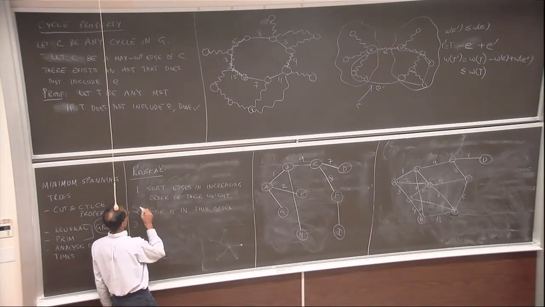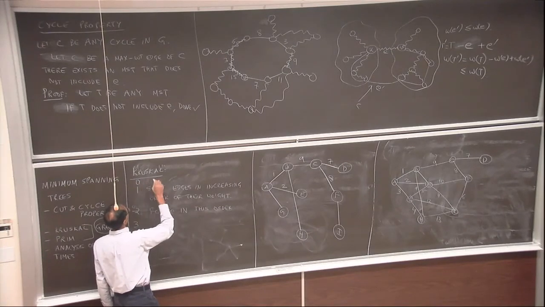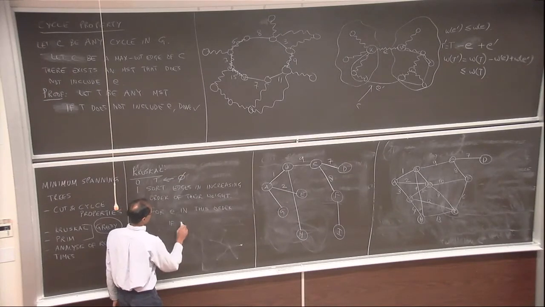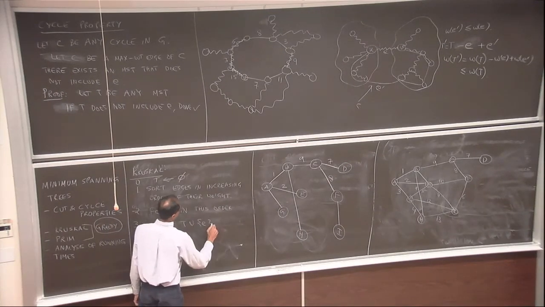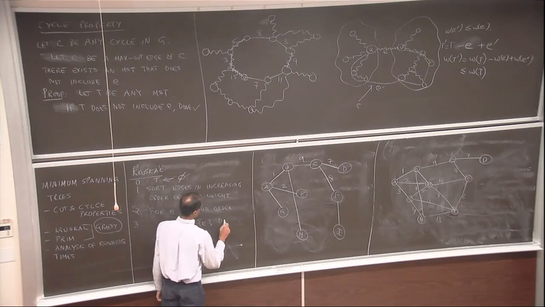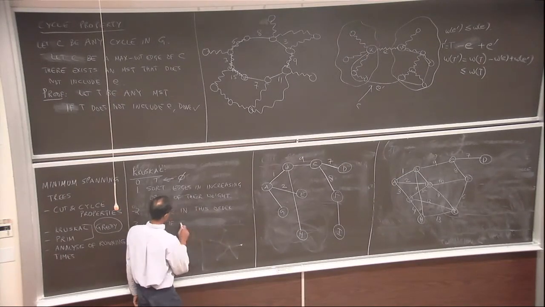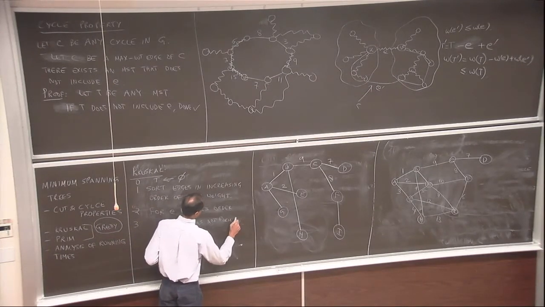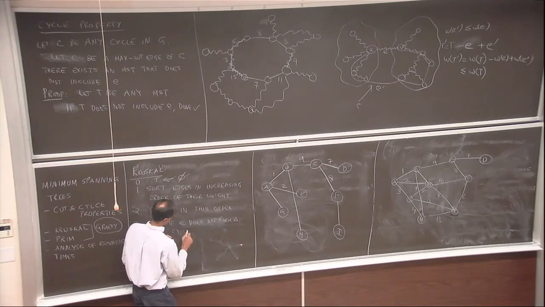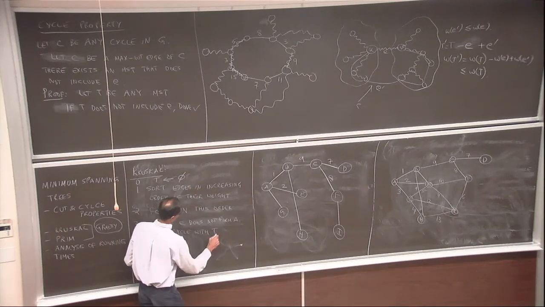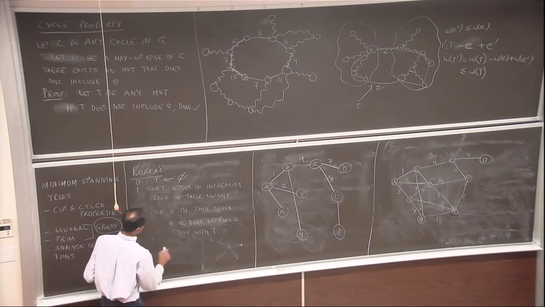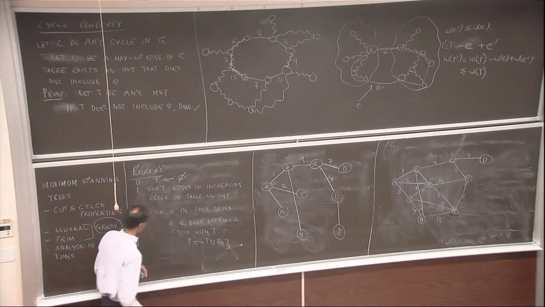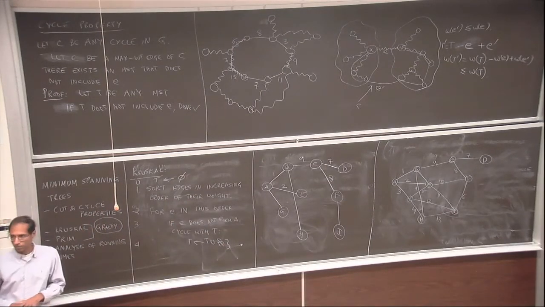Initially the tree is empty. If T union e does not have a cycle, if e does not form a cycle with T, then you add e. That is the algorithm.